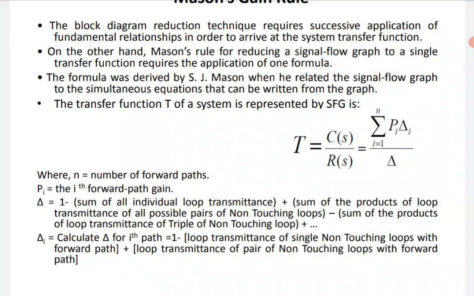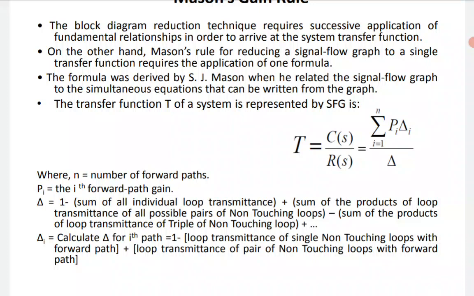And delta suffix i is calculated as the same value of delta for the ith path, that is 1 minus the loop transmittances of single loops non-touching the forward path, plus the loop transmittances of pairs of non-touching loops with the forward path. Actually, delta suffix i evaluates the same value of delta, but the loops should not touch the ith forward path. Suppose you have to evaluate delta 1. Delta 1 is valid for the first forward path.